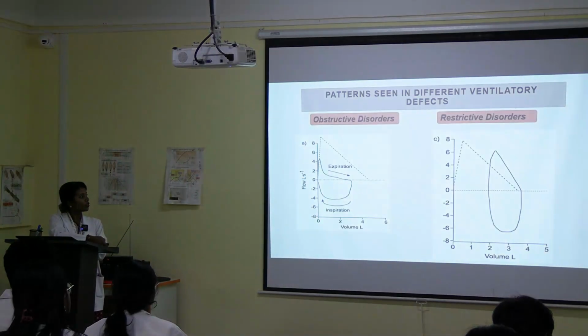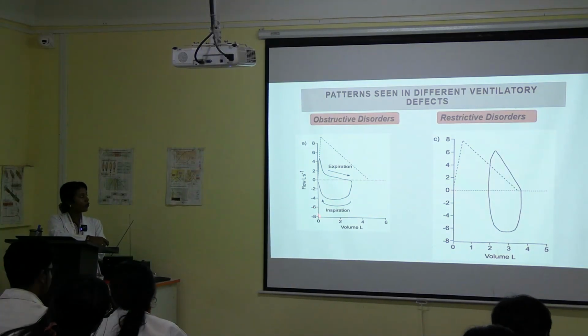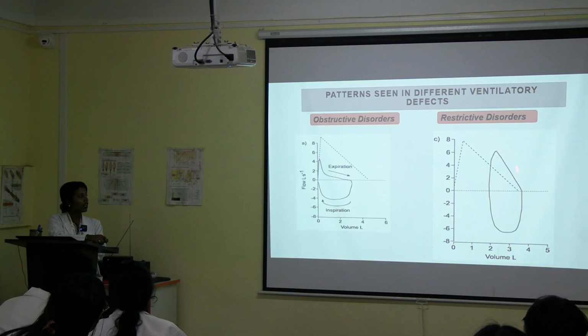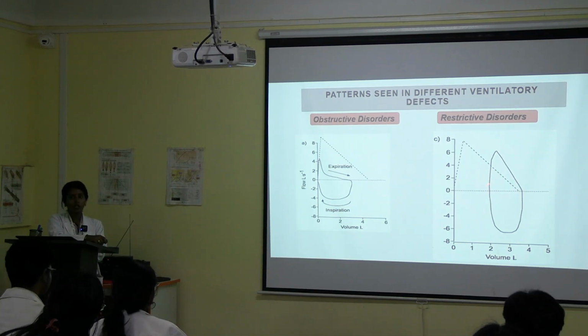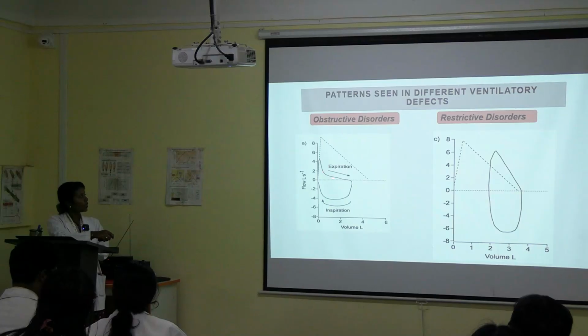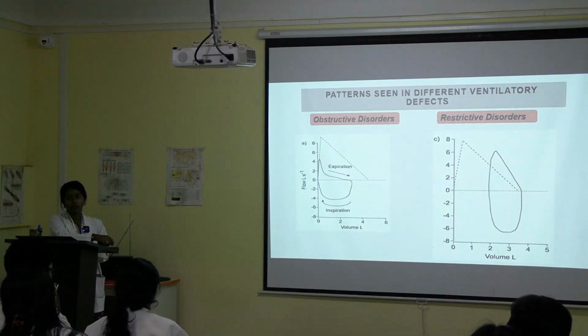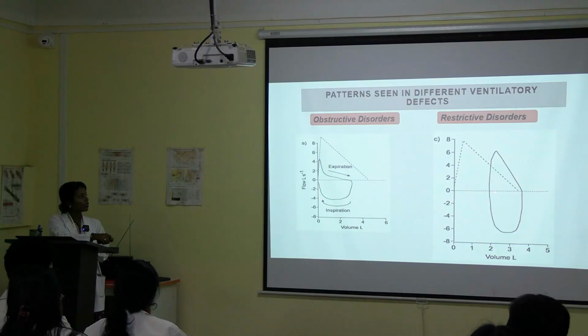So you have to know this graph. This is the obstructive disorder, the graph will be looking like this, and this is the restrictive disorder, the graph will be looking like this. In expiration, you can see there is a scoop out of your expiration limb, so the person cannot expire. And here that is very tall, tall and thin, right?